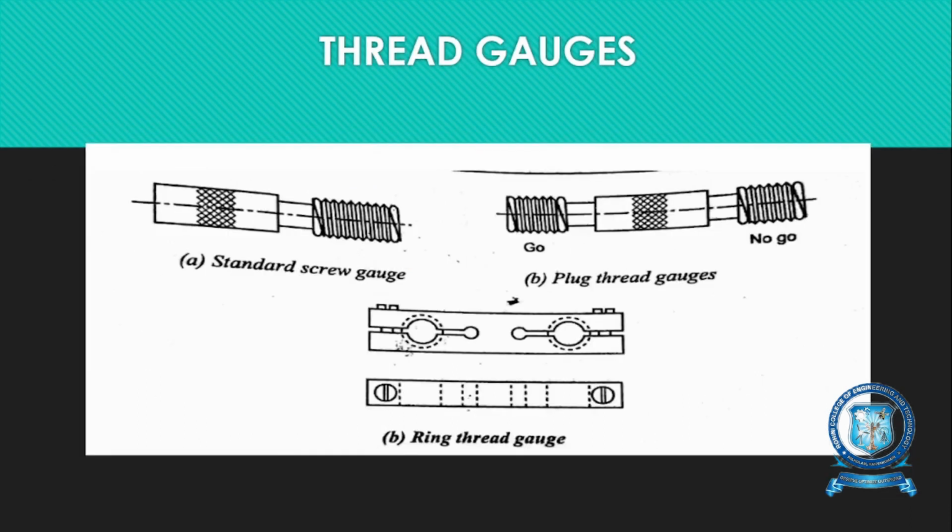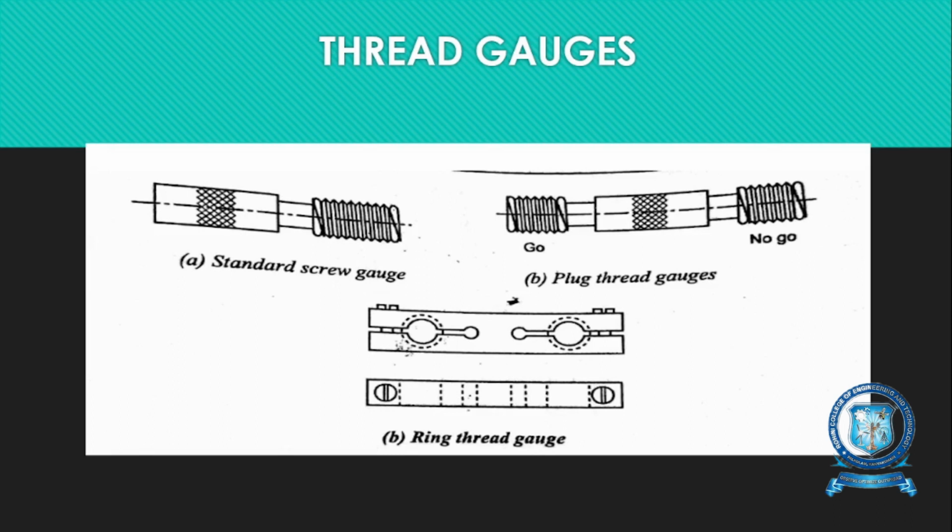And next one is thread gauges. These thread gauges are used to check the pitch diameter of the thread. For checking internal threads, plug thread gauges are used. Similarly, ring thread gauges are used for checking external threads.